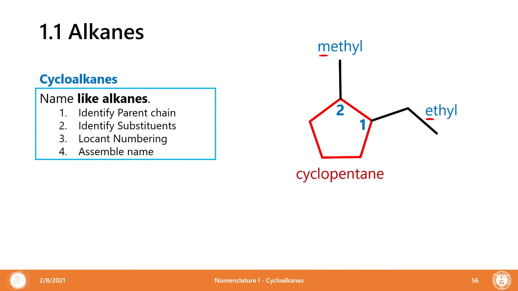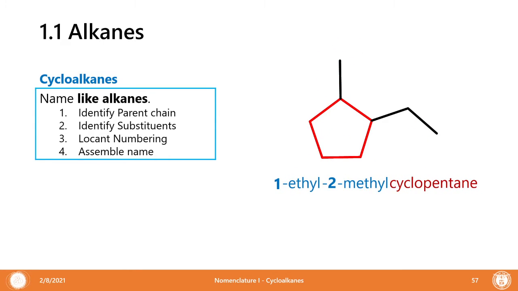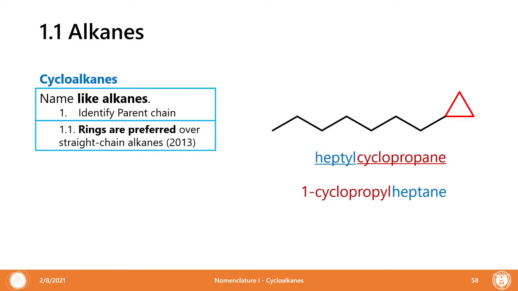Okay, so that's why I placed 1 at the ethyl group and 2 at the methyl group. After that, we assemble the name like so: 1-ethyl-2-methylcyclopentane. Okay, simple. So we name them like alkanes by identifying the parent chain.